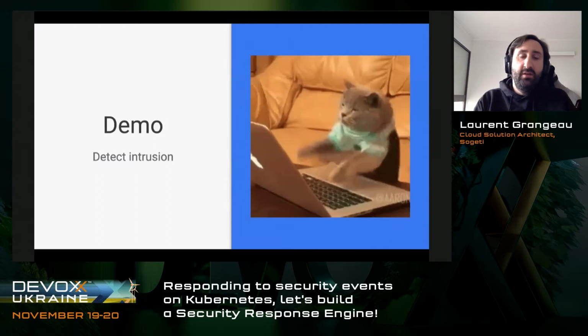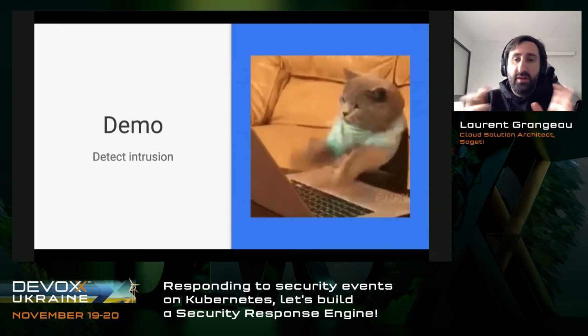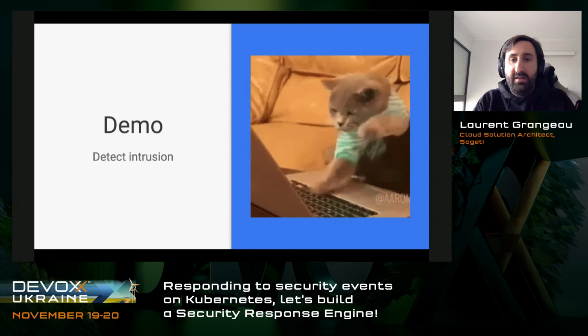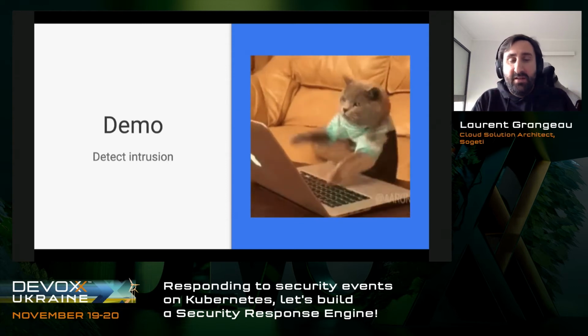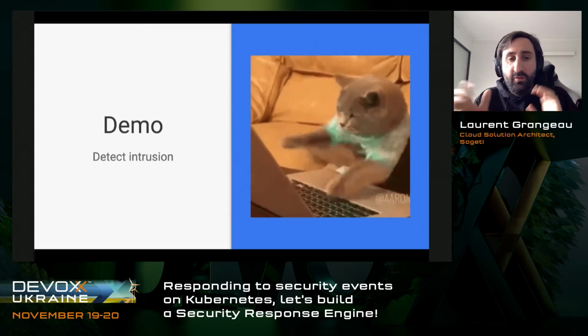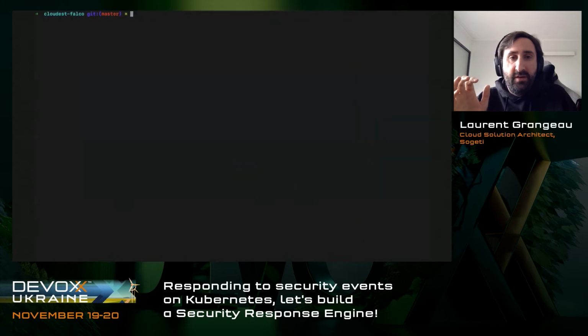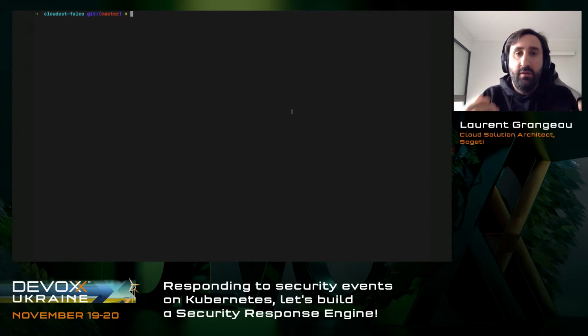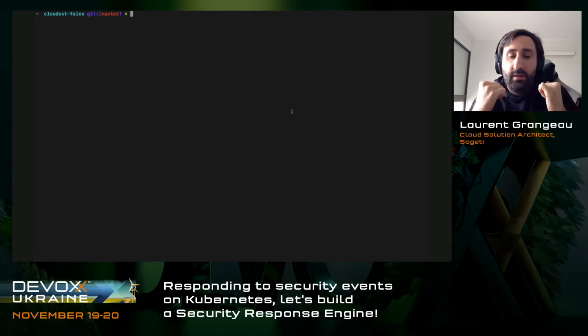So first we will do a little demo. I'm sorry for the GIF that is being hashed, but we will do a little demo for this first part: just run a container, connect to it by running a shell inside the container, and see what the logs look like.